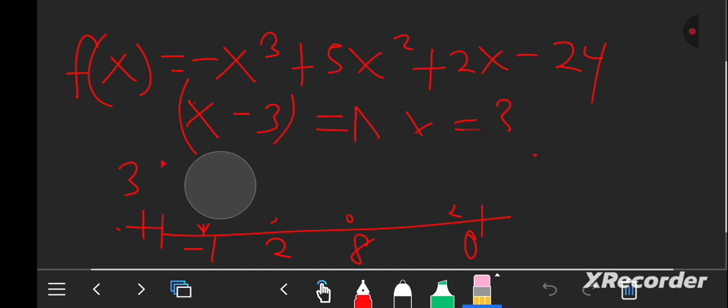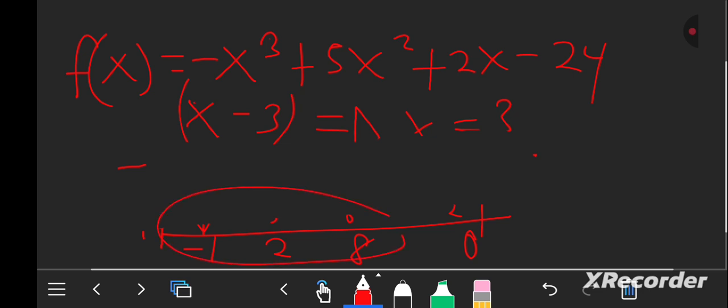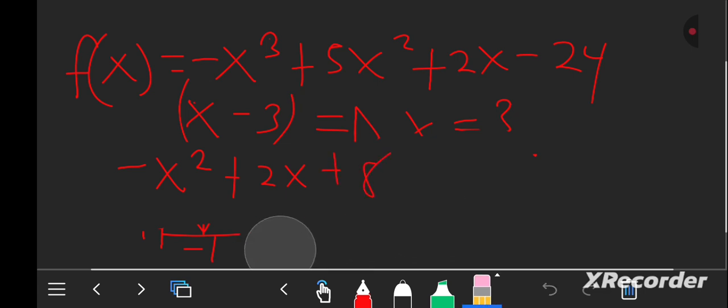So you just change these values into a quadratic equation. You start by negative 1, so it will be negative x squared, then plus 2x plus 8. This implies that what you have found is the missing values which will make this function 0. Okay, so this is the quotient.